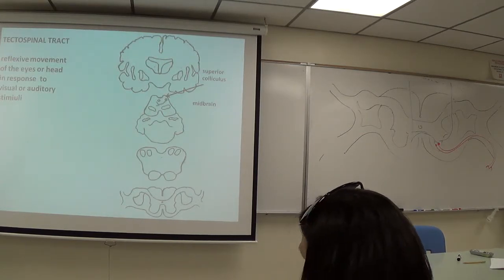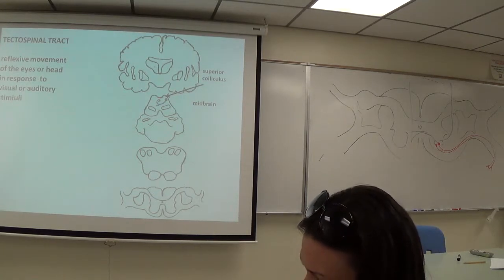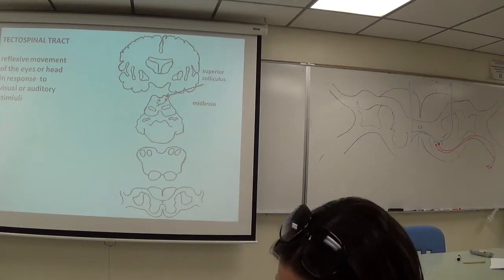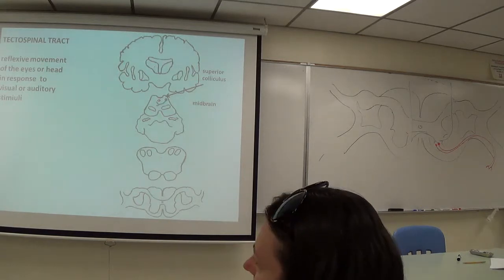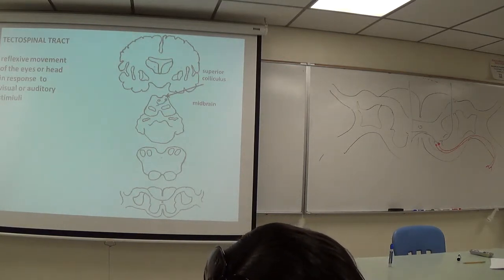Okay, tectospinal tract. I used the word tectum this morning very briefly when I talked about the superior and inferior colliculi. Tectum means roof. The superior and inferior colliculi form the roof of the cerebral aqueduct.